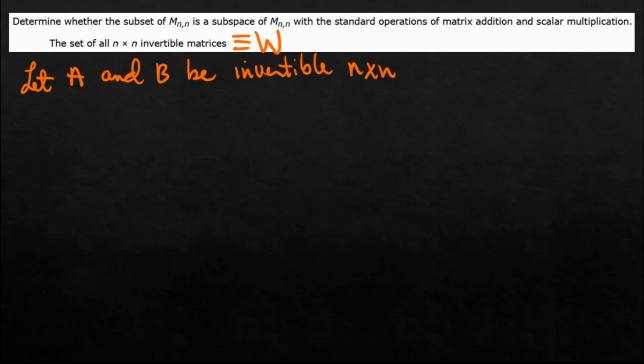So let's call this the subset W. It's not a subspace. So let A and B be invertible n by n matrices.